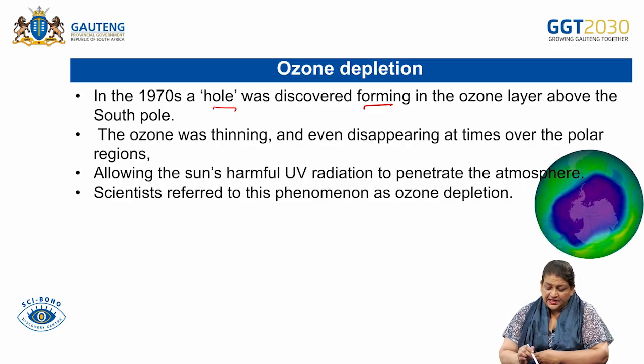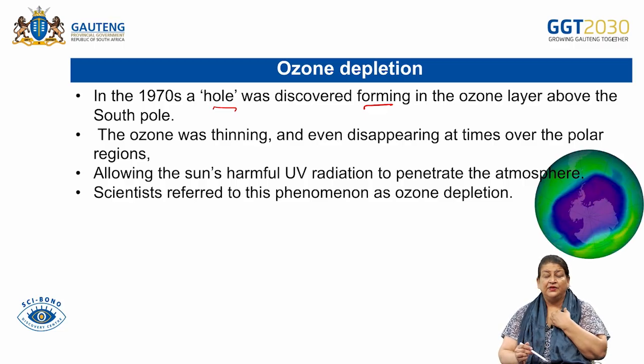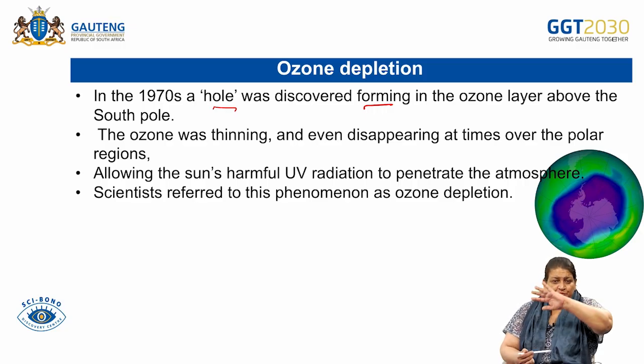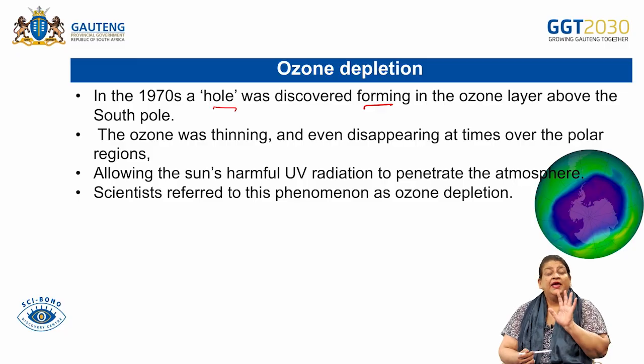You can see here in the southern hemisphere, from space, a hole in the ozone. That protective membrane, the ozone layer within the atmosphere, had a hole.